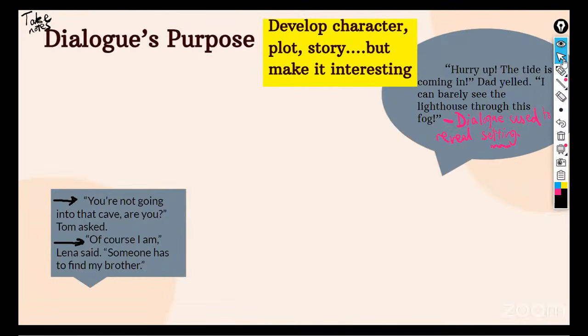Okay, what is the purpose of that piece of dialogue? What do we figure about Lena? What can we figure out about Lena? What can we figure out about Tom?